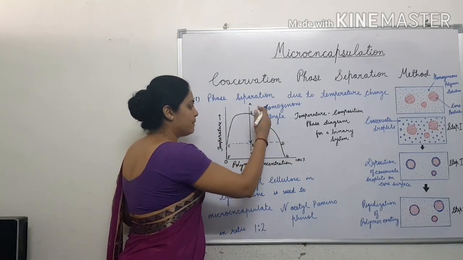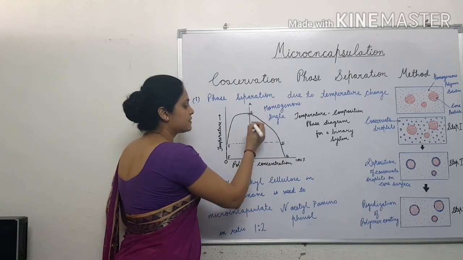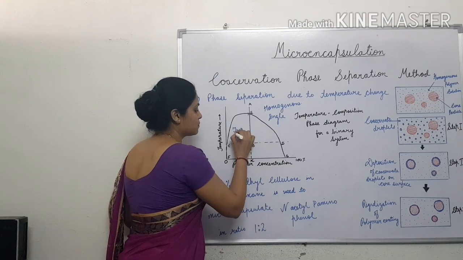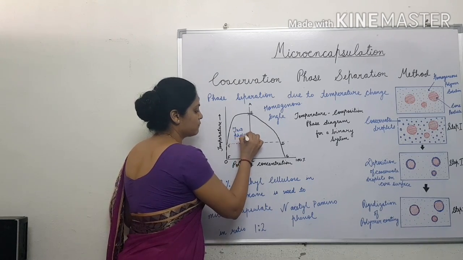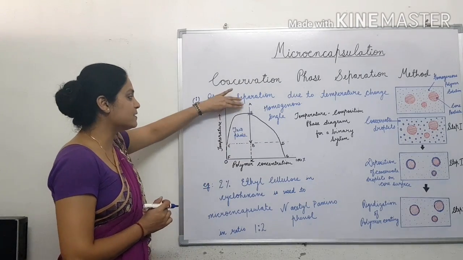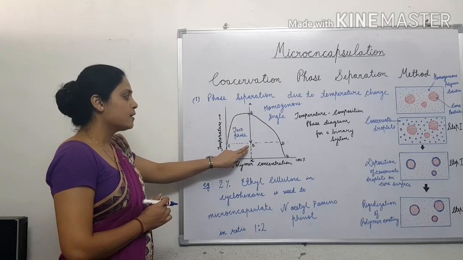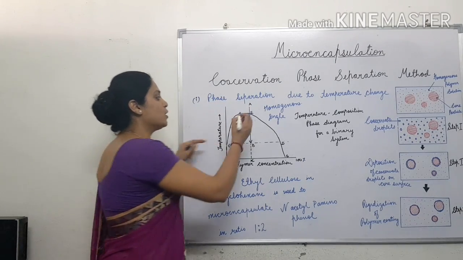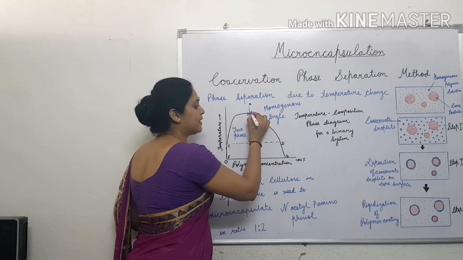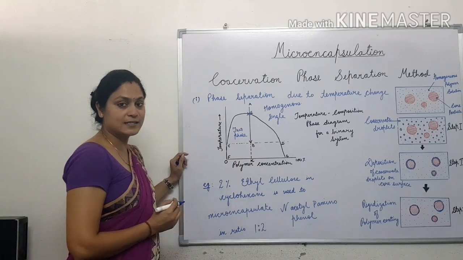As the temperature is reduced from A to B, this system crosses the phase boundary curve at point E and enters the two-phase region.